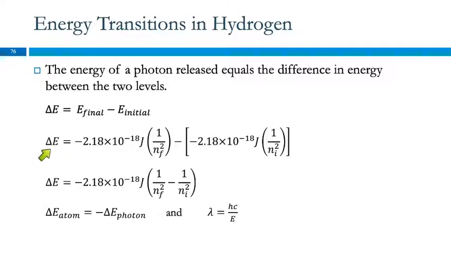And so we learned earlier that the energy of an electron in the orbital is minus 2.18 times 10 to the minus 8 joules times 1 over some number squared, an integer. So this is the energy of the final state. This is the energy of the initial state. We simplify that a little bit and we come up with this. So it's 1 over the final n squared minus 1 over the initial n squared.